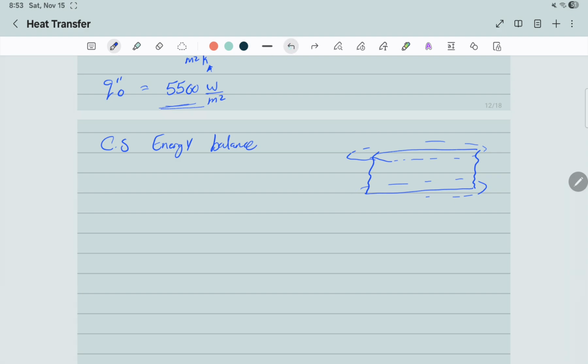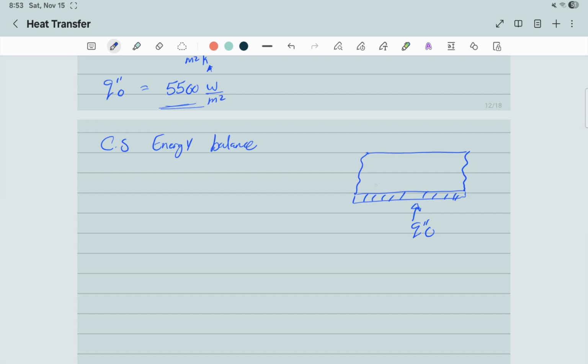Let's try the bottom. I can do both and show you that both of them give you the same answer. That's the heating element. This is your initial heat flux that's entering into the wall. If we pick the bottom, the heat flux going into the bottom surface has to equal the heat flux leaving the bottom surface.